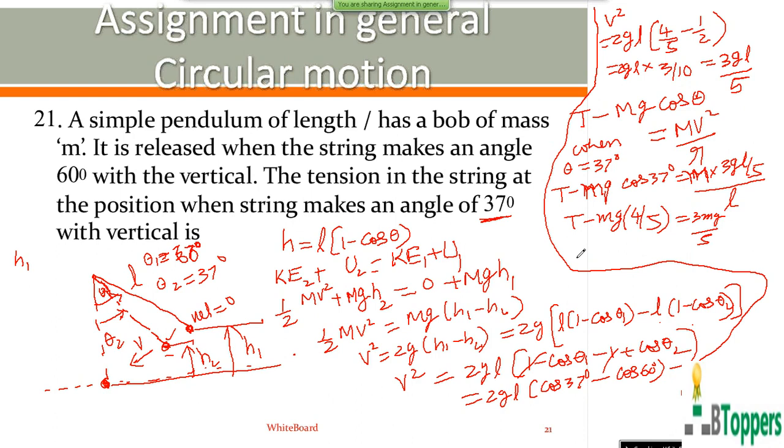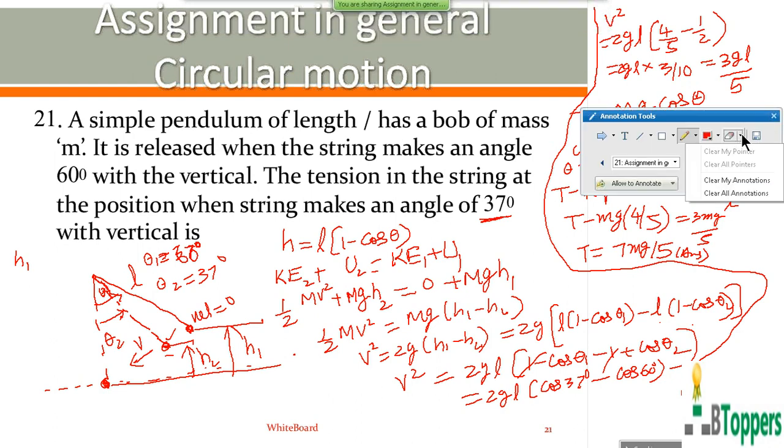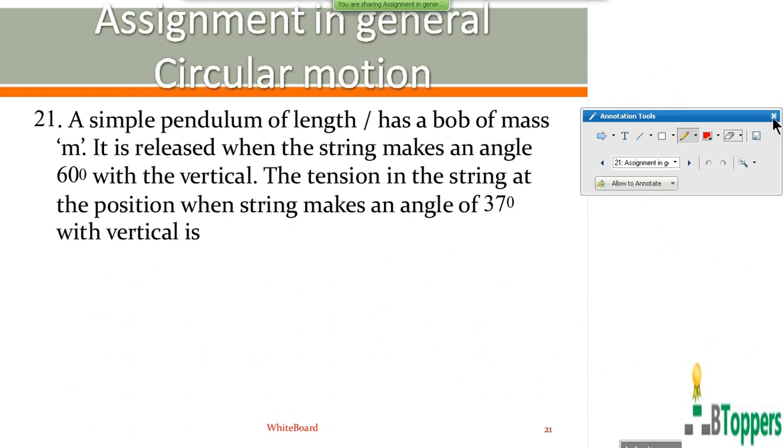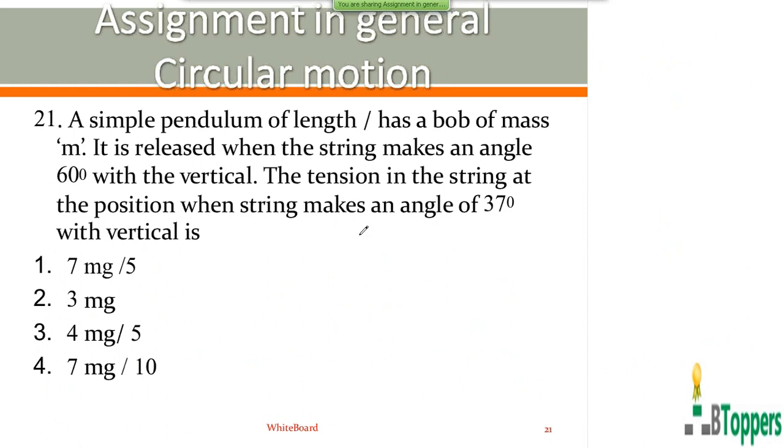Solving this, the magnitude of the tension in the string is 7 mg by 5. So for question number 21, which I have just discussed, the first option is the answer.